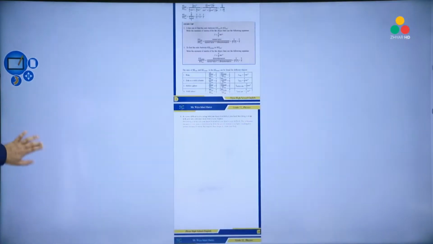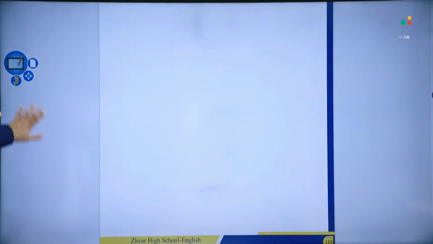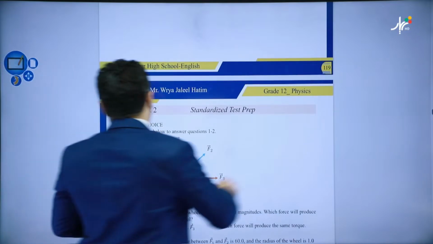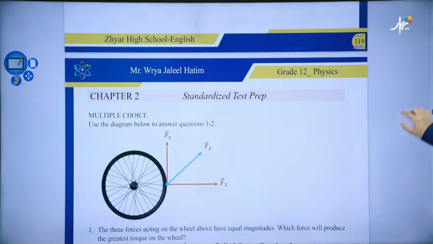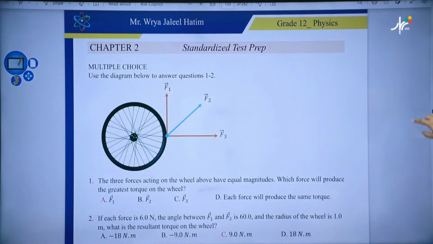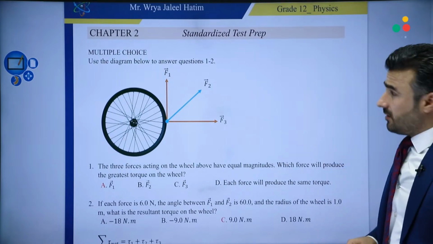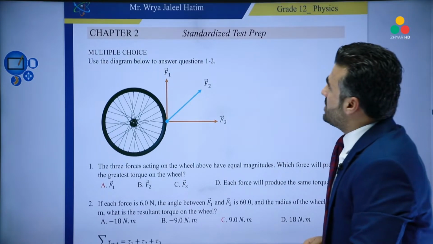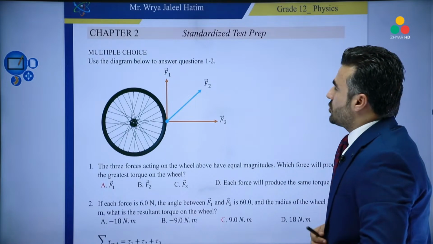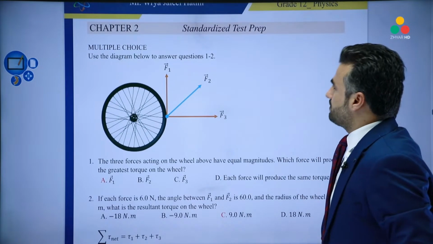All right. Now, we're basically done with these questions, all right? Now we're at chapter 2, which is basically the standardized test. I believe it would be best if we save these questions for the next session, yeah?